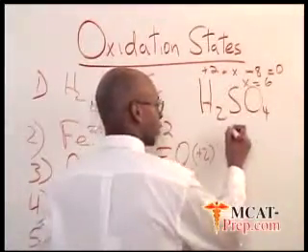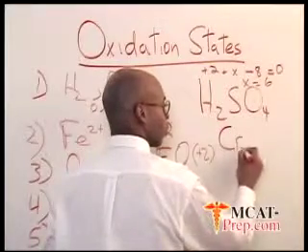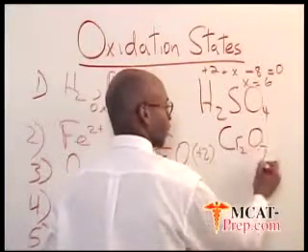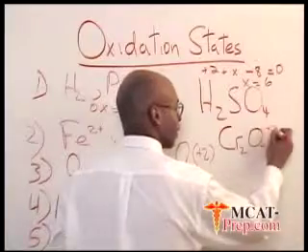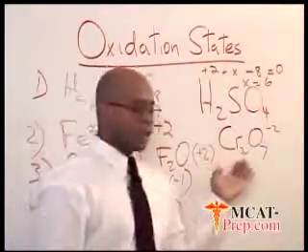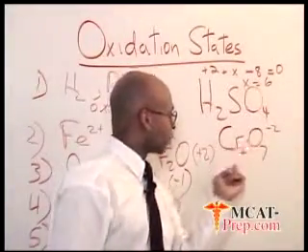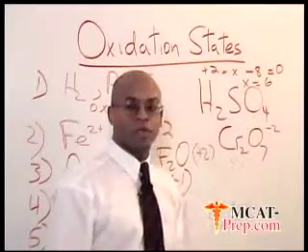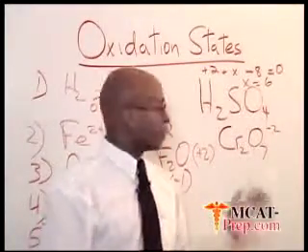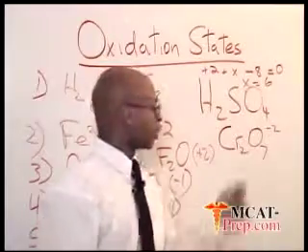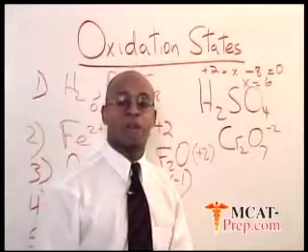Let's look at another situation, a little bit more complicated, just a little bit. Cr2O7 to the -2. So now we have a situation in which there is an overall charge and it's -2. You may want to pause and calculate what you would provide as the oxidation number for chromium.